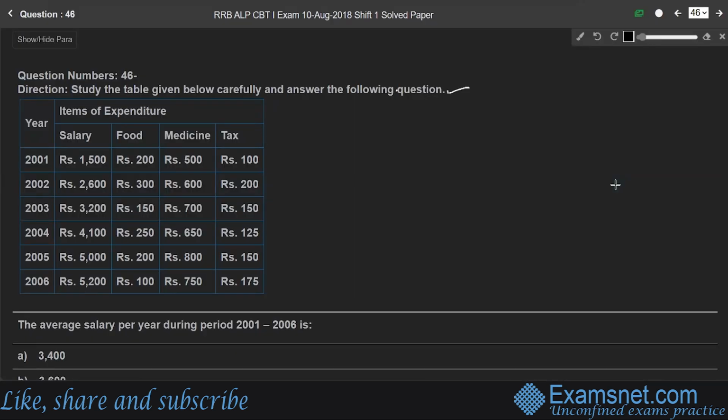Question number 46. Study the table given below carefully and answer the following question. The average salary per year during the period 2001 to 2006 is, so we have to find the average salary. The salary in each year is given, 2001 to 2006. Just add all these salaries and divide by the number of years, which is 6.